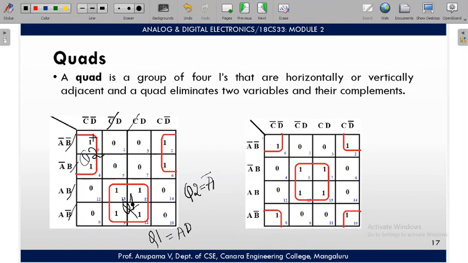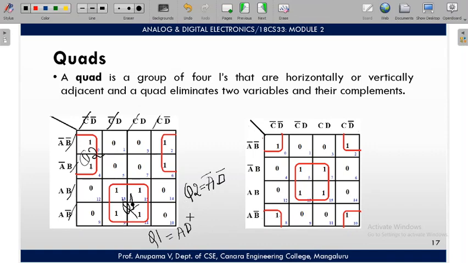The columns we have to look at are C bar D bar and C D bar. Here I can see variable C changing its form from C bar to C, so it gets eliminated. D bar remains. So D bar is ANDed with A bar. The resultant term we receive from quad 2 is A bar D bar.